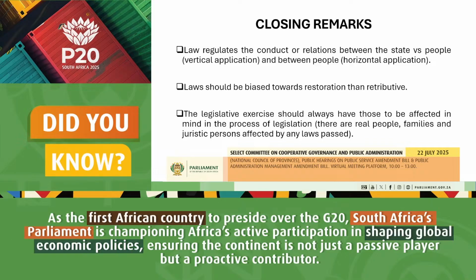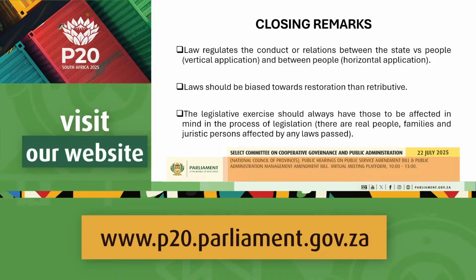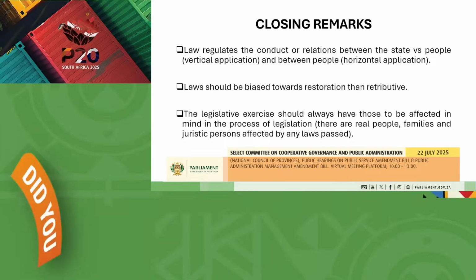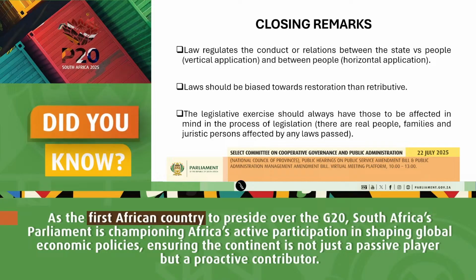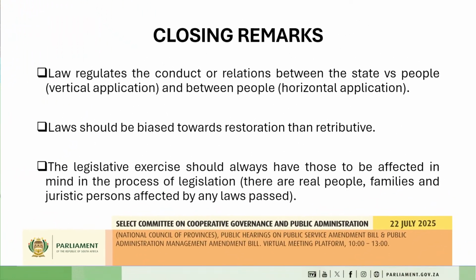That is the point that one also wants to make, and that the legislative exercise should always have that in mind in the process of legislating, because there are real people, families, juristic persons that are affected by any laws that are passed. If that consideration is always next to us when we do this, it will assist a lot, because if somebody has to serve 10 years, there could have been a consideration, like in the case of parole on the criminal proceeding side, that in 5 years, let's consider those people.